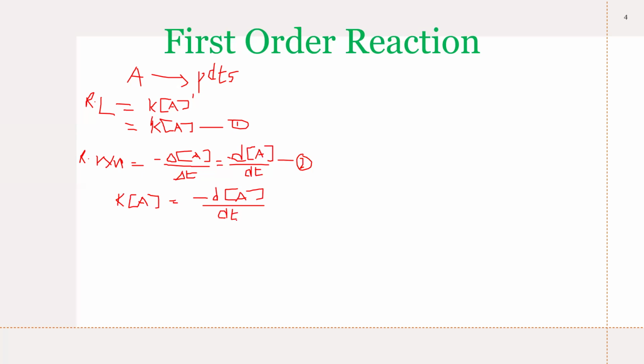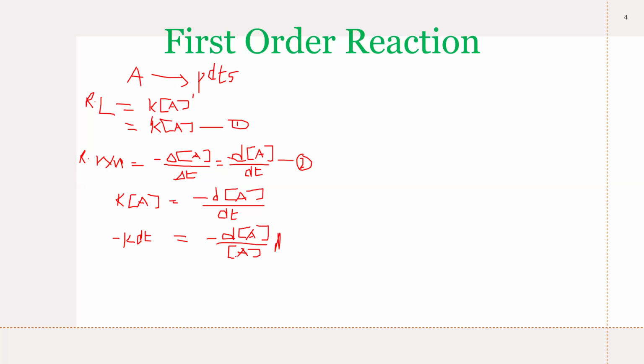We take dt to one side and concentration to the other side. So we have negative k dt equal to negative d of the concentration of A over the concentration of A. So what we did is divide this side by the concentration of A, then multiply through by dt. So we have this form.